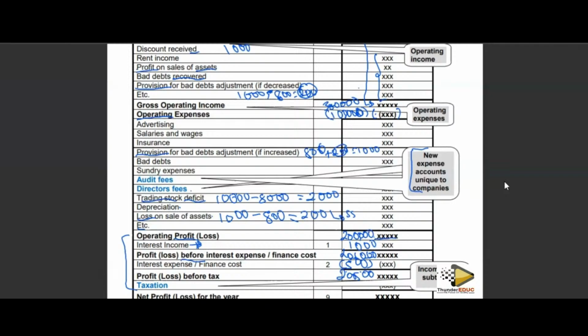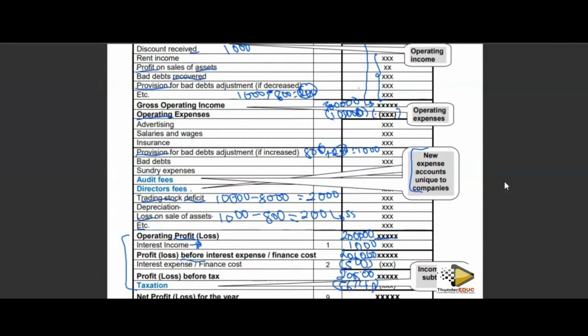Okay, 28% of this gives me 56,140. I'm just giving you an example. So that will be the tax we are paying.